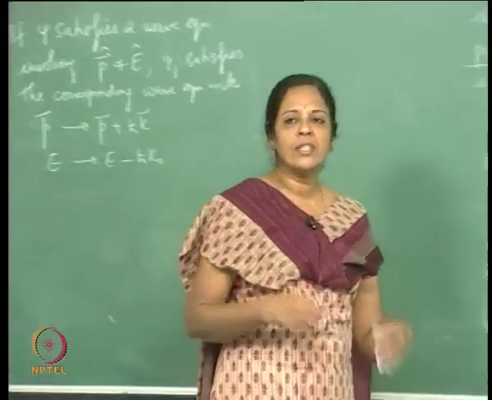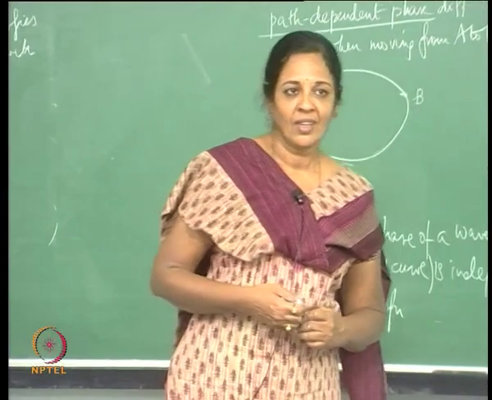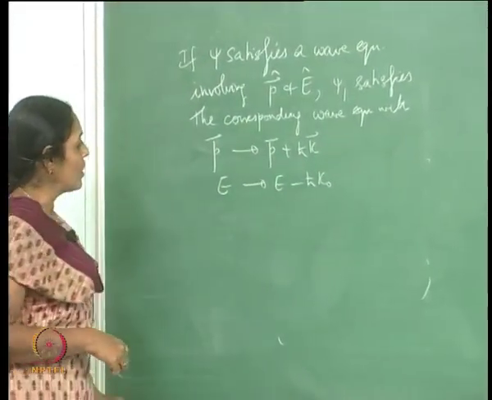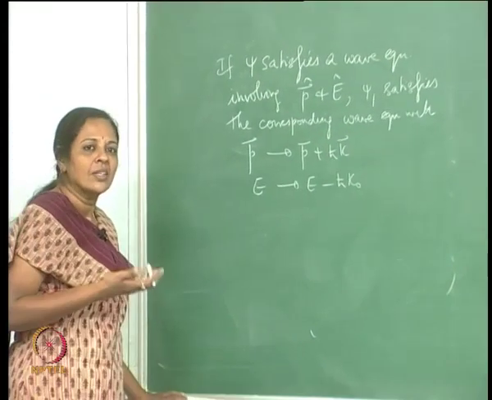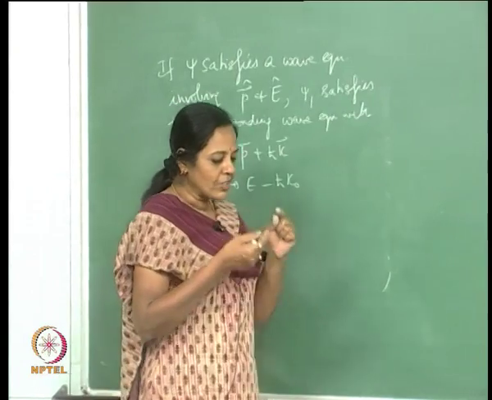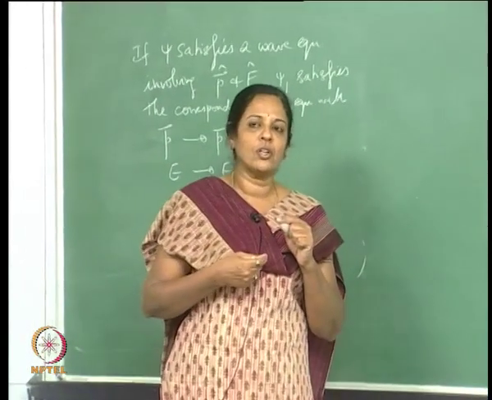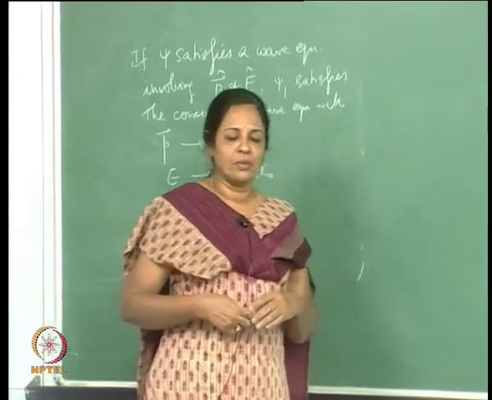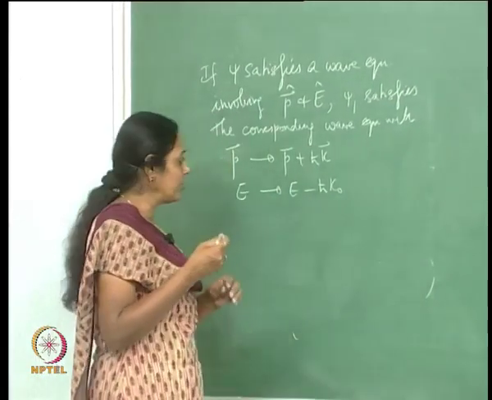But this is very reminiscent of something that you know. When you learnt about gauge invariance, gauge theory and so on, you realize that when a charged particle is put in the presence of a homogeneous magnetic field, there is a minimal coupling that happens between the charged particle and the field.